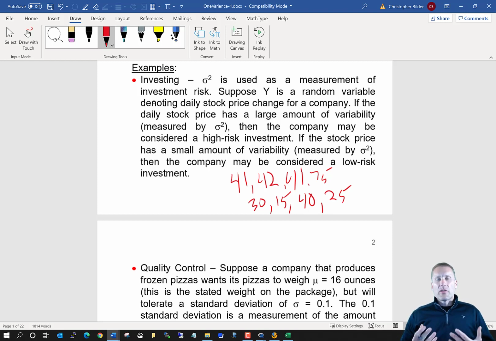If we think in terms of a sample variance, I think you will agree that stock 1 has a lot less variability than stock 2. Because of that, an investor who is risk averse might be more interested in purchasing stock 1 than stock 2, because there's going to be a lot less variability in the stock price.